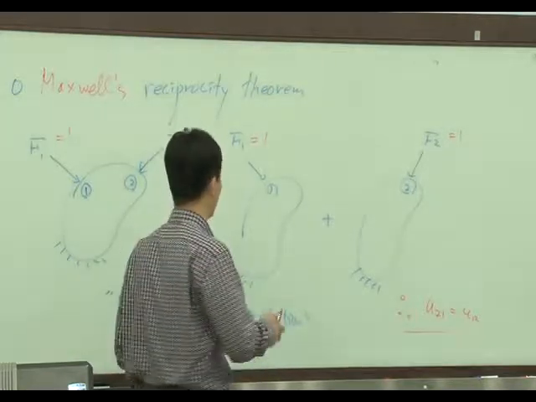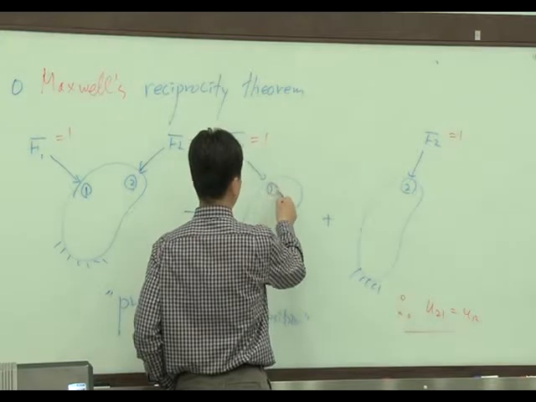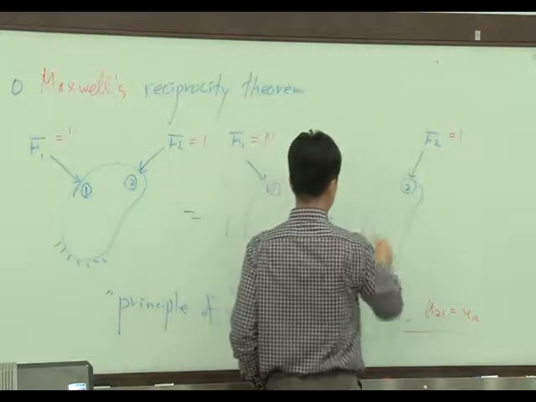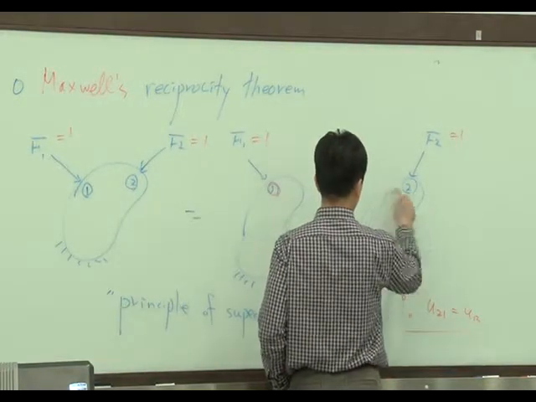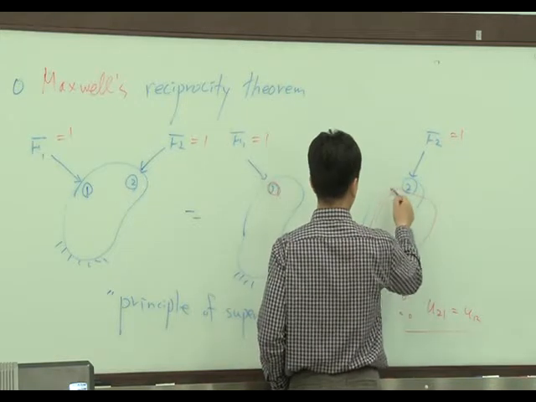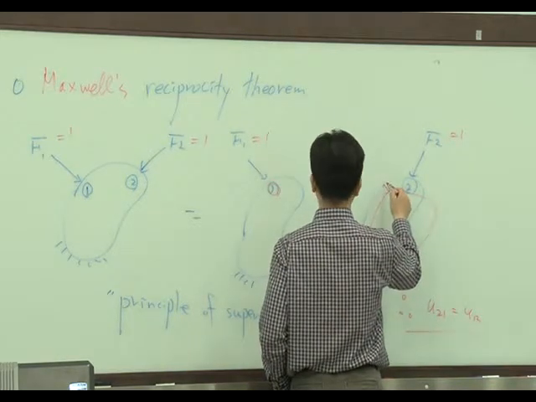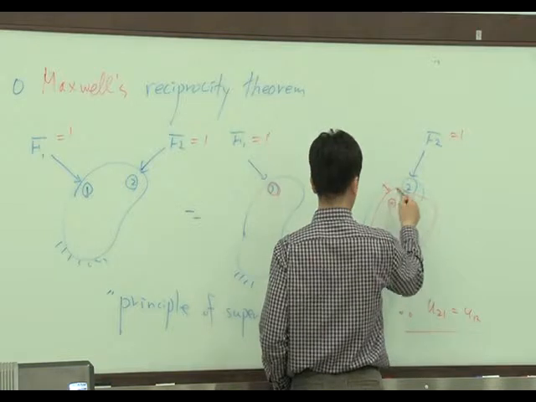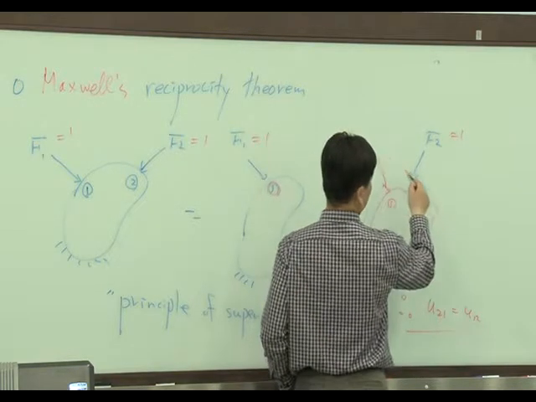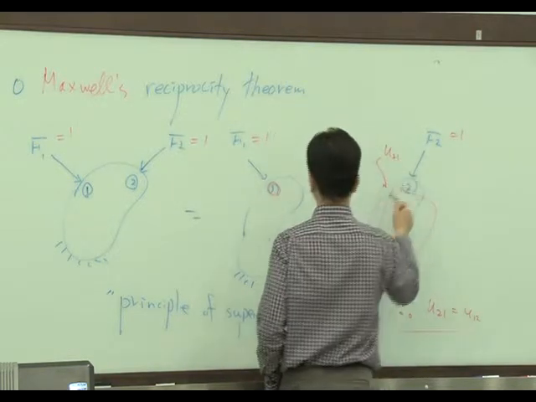A little complicated, right? So during this deformation, this is a displacement at position 1, U21.